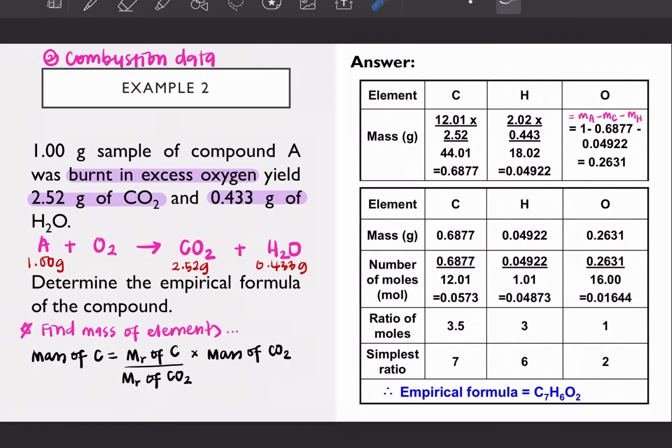And then I put in the values, the mass of each of the molecules. So I put 1 gram, 2.52 grams, and 0.433 grams for water. Now, determine the empirical formula of the compound.